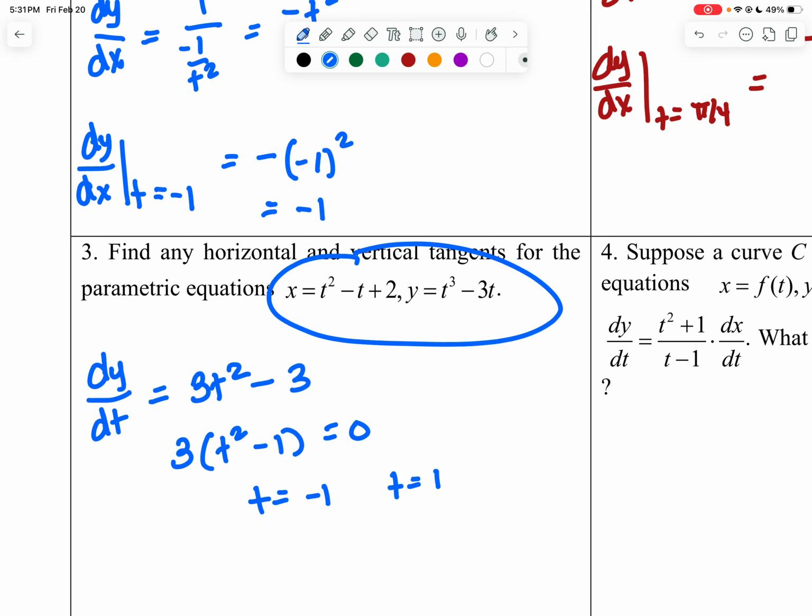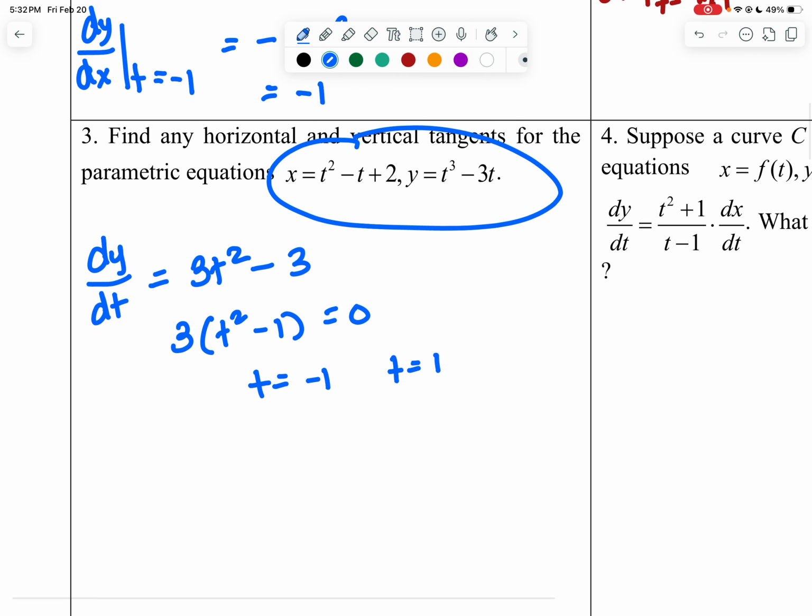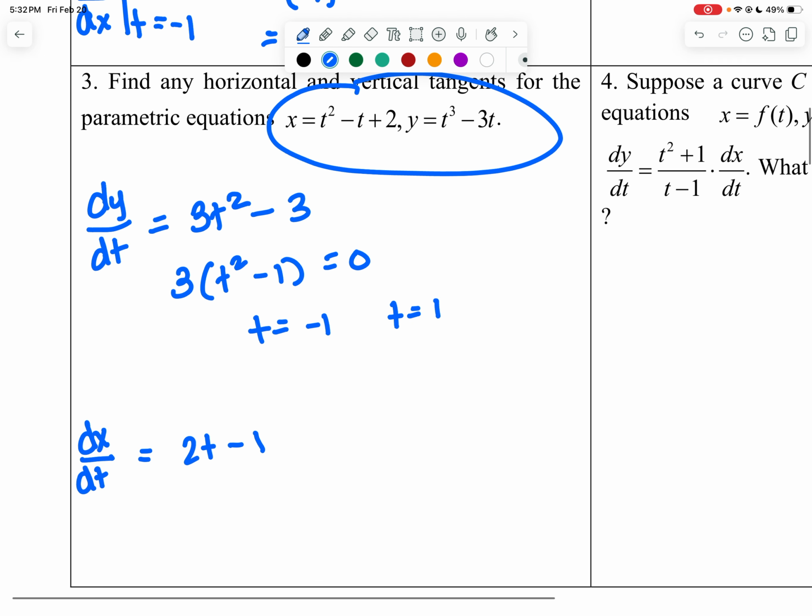Now, before we plug in our coordinates, what we need to do here is verify that dx/dt is not 0 at those values. So what we're going to do here is also figure out dx/dt and when this is 0. So 2t minus 1 is equal to 0 when t is equal to 1/2.